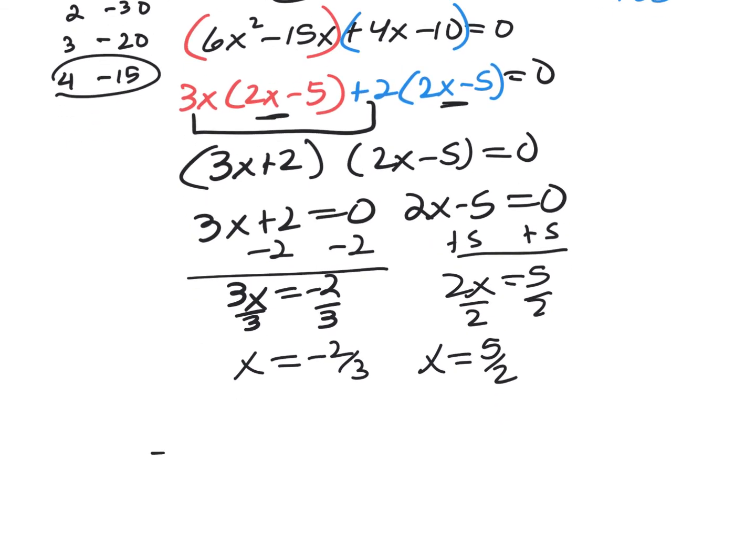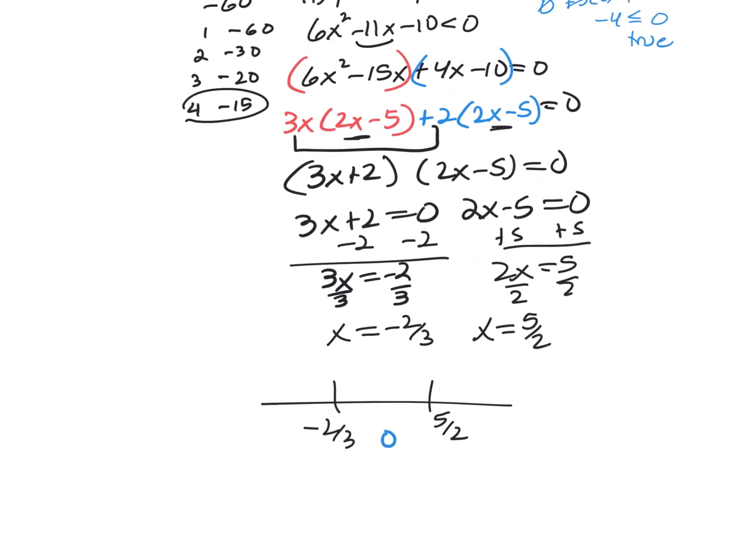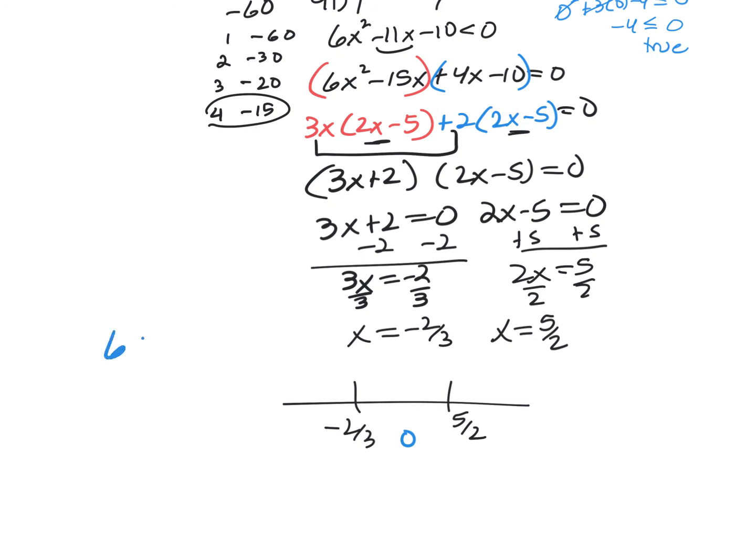So again, I'm going to add it to my number line, least to greatest. So the negative 2/3 here, the positive 5 over 2 here. So obviously one's negative, one's positive. 0 is located right smack in the middle. Use your original problem, which was 6x squared minus 11x minus 10 is less than 0. Again, this becomes a 0. This becomes a 0.